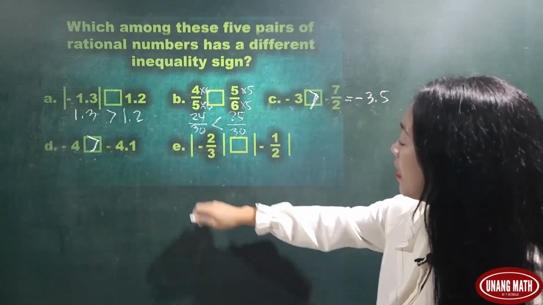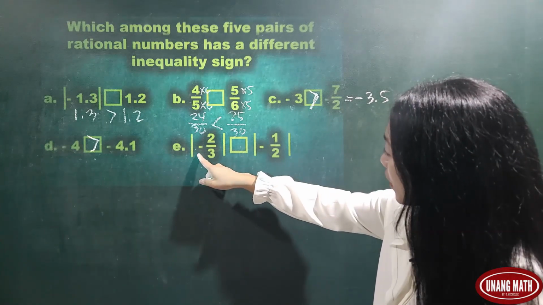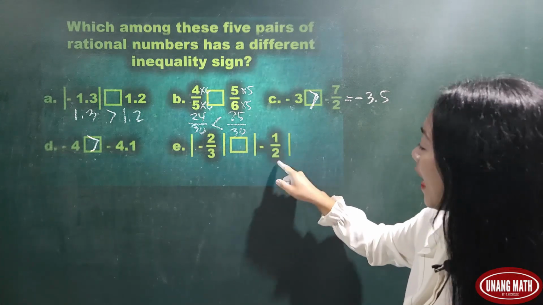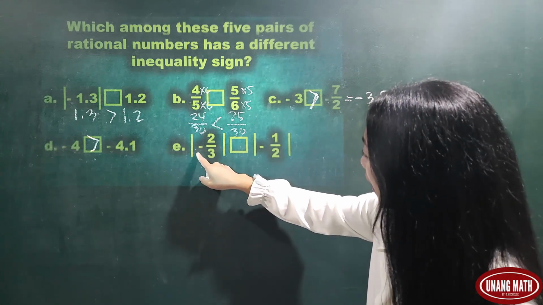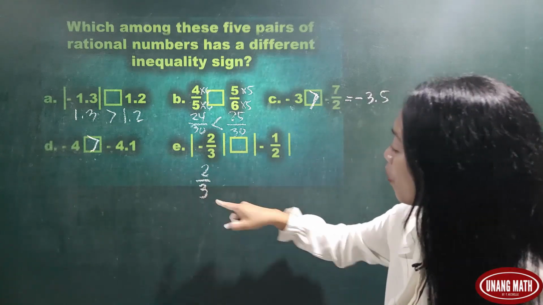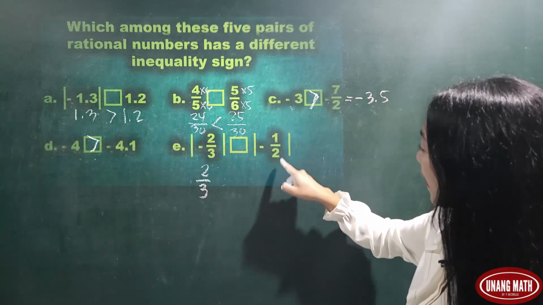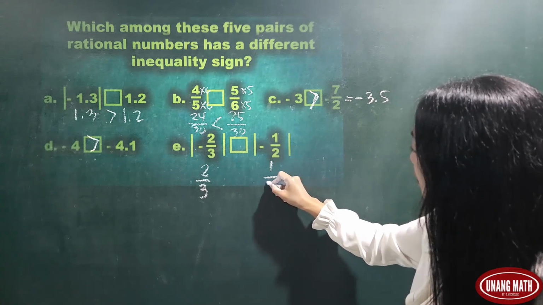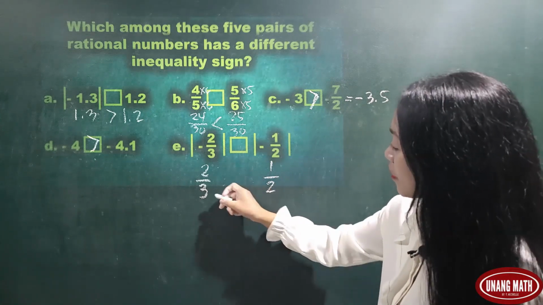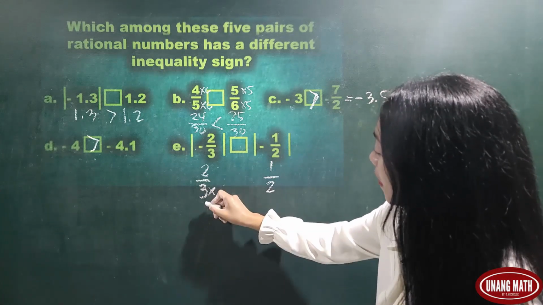How about letter E? Absolute value of negative 2 over 3 and absolute value of negative 1/2. Absolute value of negative 2 over 3 is positive 2 over 3. Negative 1/2, absolute value is 1/2. To compare these two fractions more easily, let's make the denominators the same.